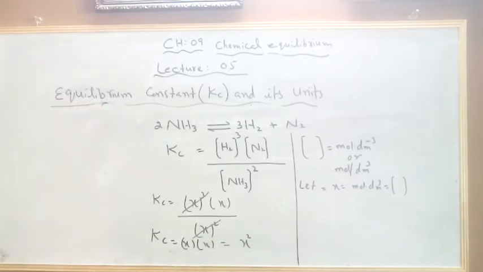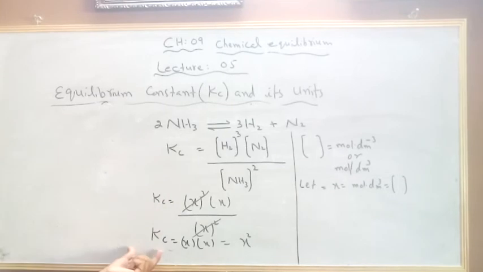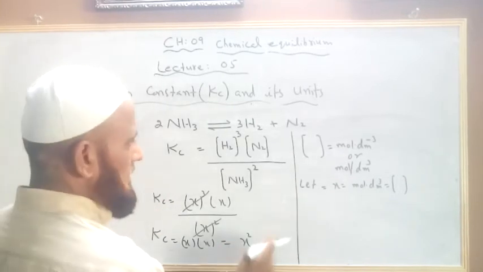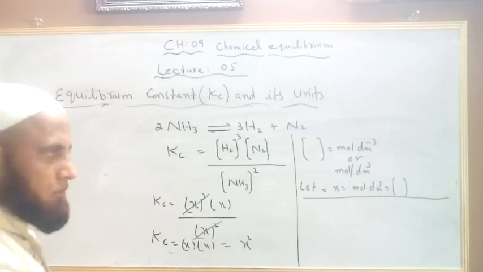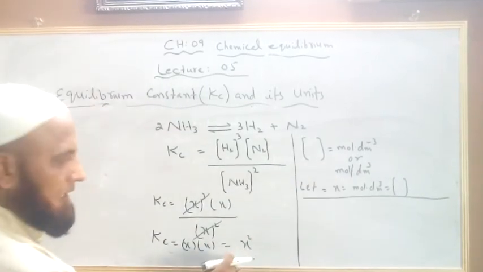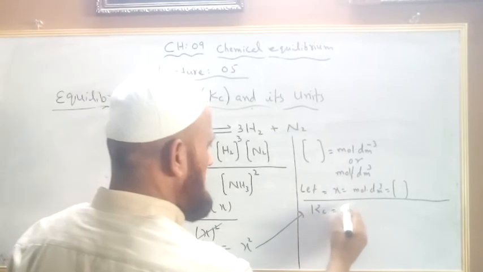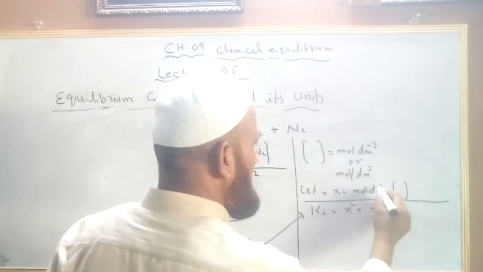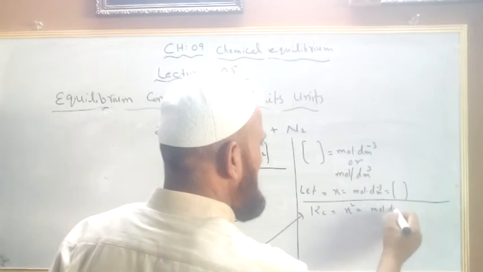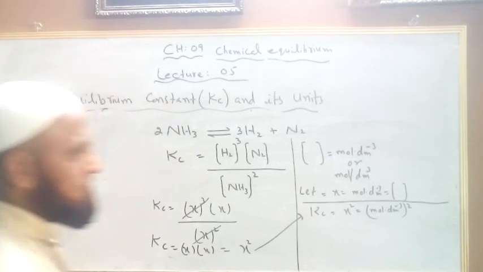Now what would be the unit for this reaction? The unit would be x square. As you know that x is equal to mole per dm cube, Kc is equal to x square, which is mole per dm cube, whole square.